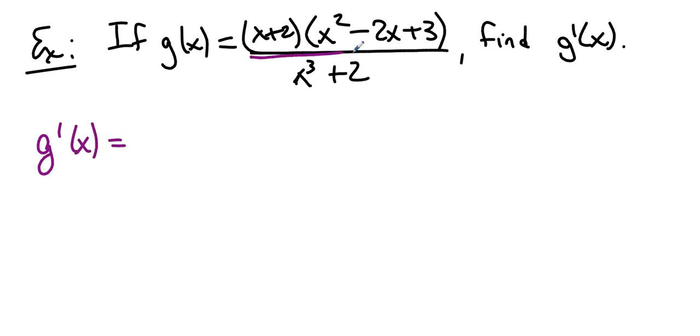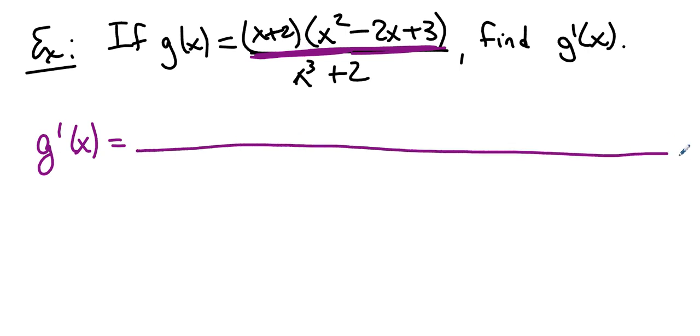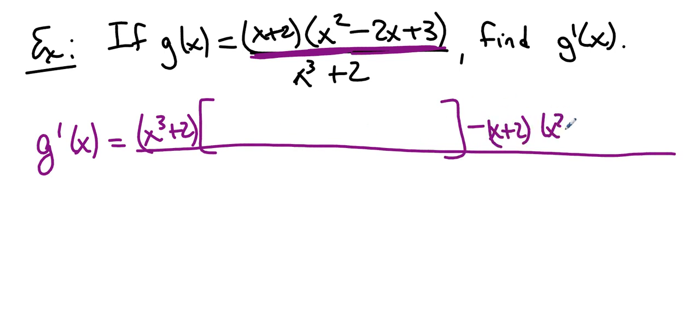This is a quotient, and since it's a quotient, the quotient rule applies. It's the bottom times the derivative of the top. Now, the top, we're just going to hang on for a moment. Minus the top times the derivative of the bottom. For the rest, you won't be scared. It's all over the bottom squared. This is calc.